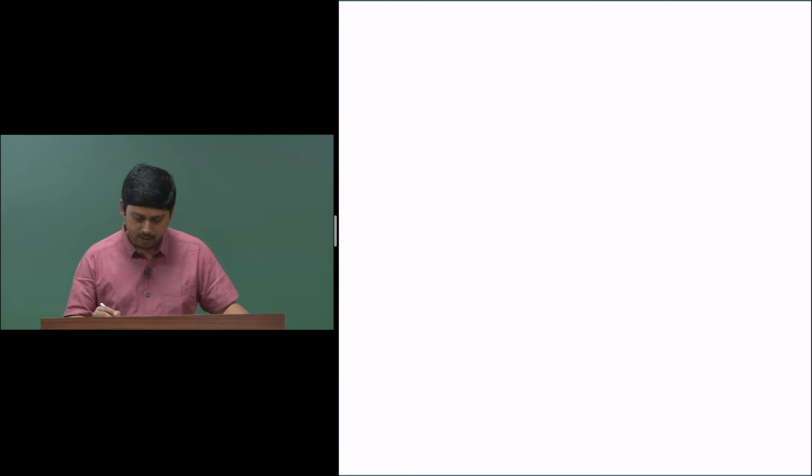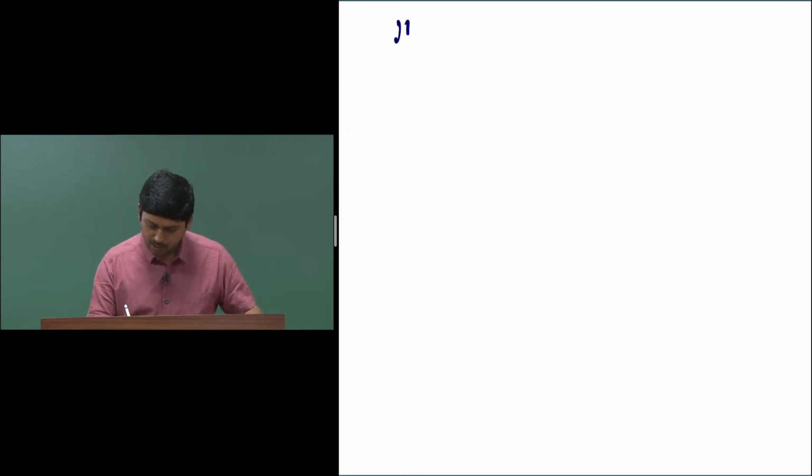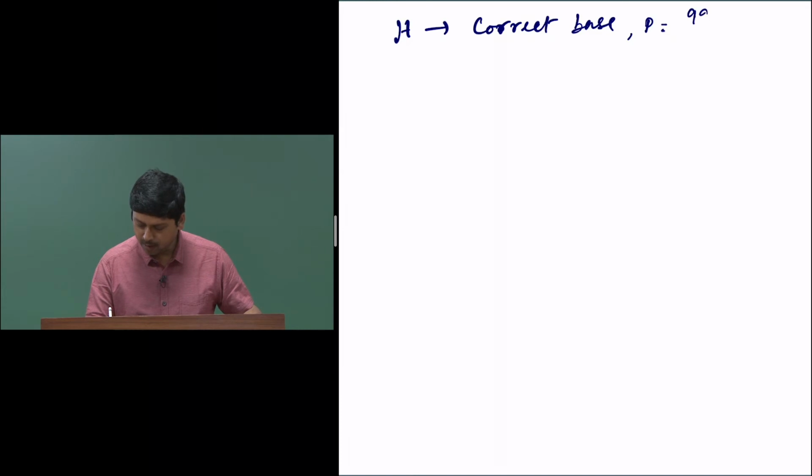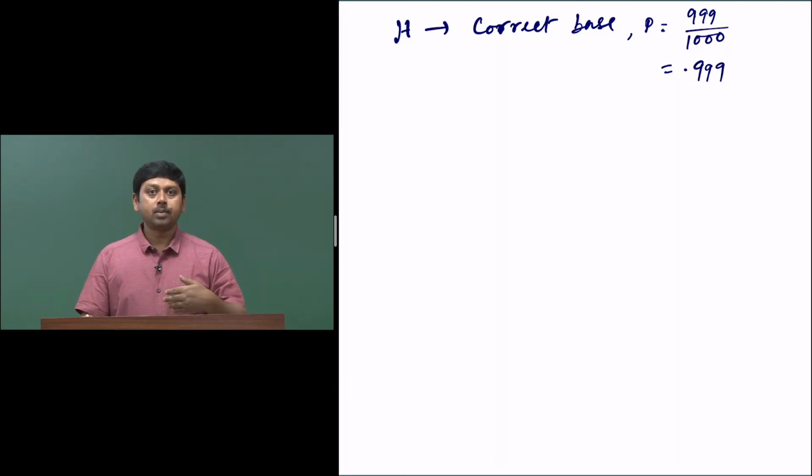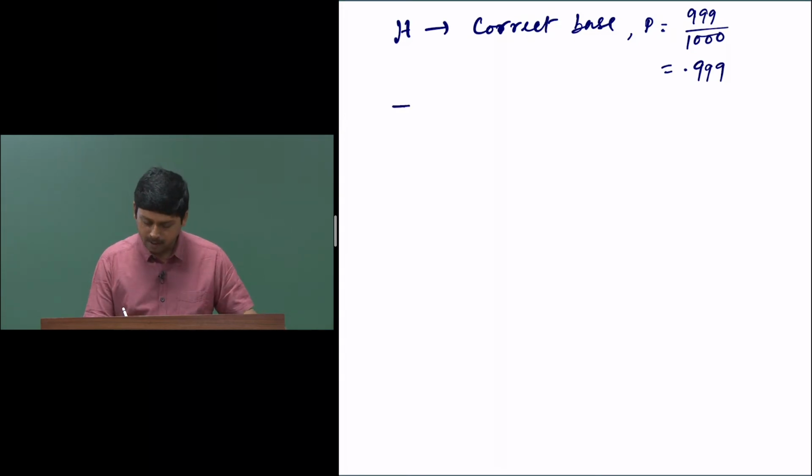Here, as you see, our head is equivalent to a correct base with probability p as 999 by 1000, which is 0.999. So, out of 1000 bases, 999 are on average correct. Our tail corresponds to a mutated or incorrect base.